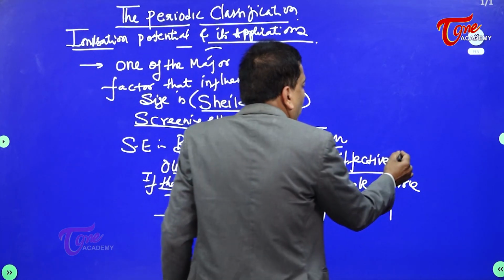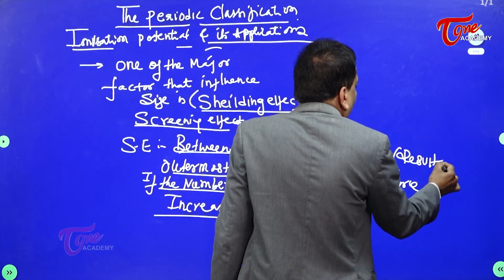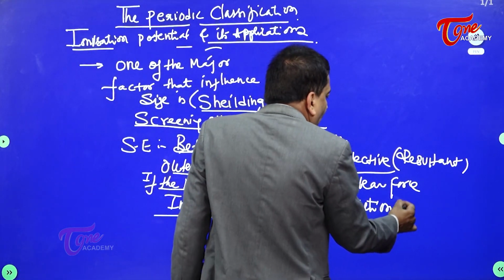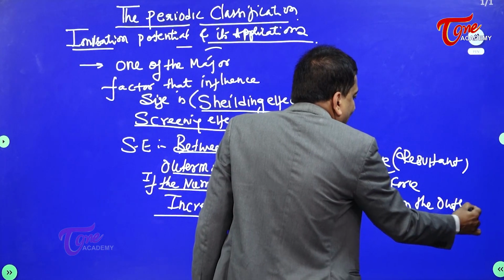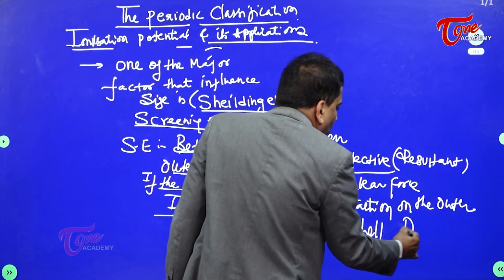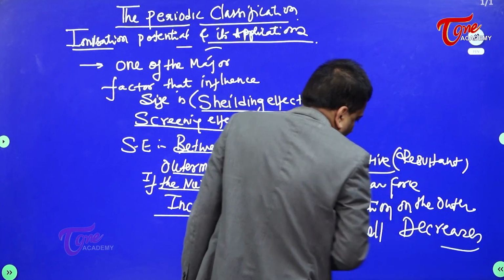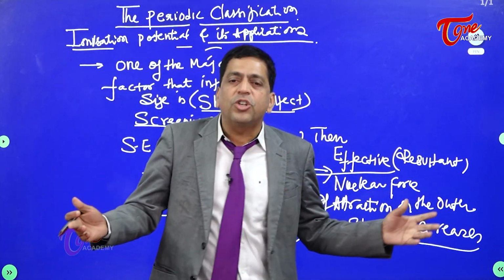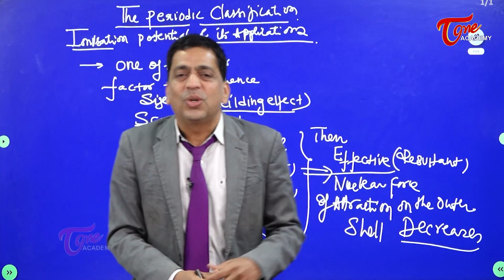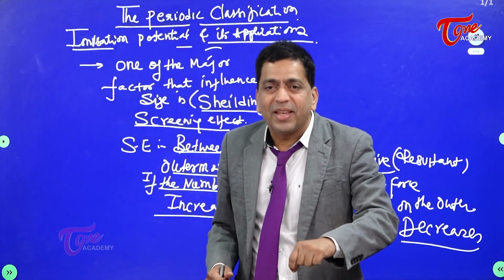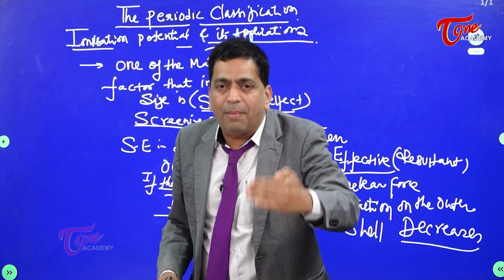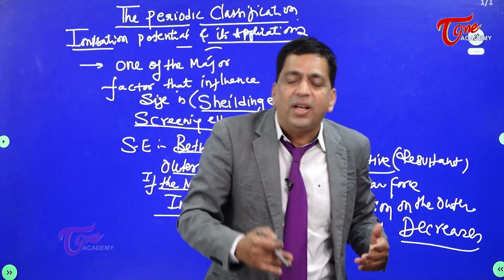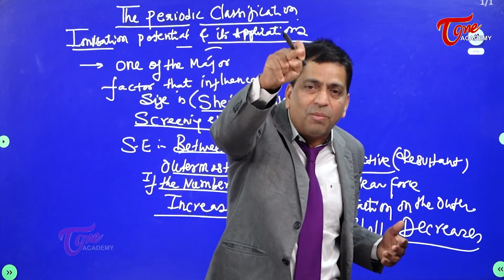Effective, I call this the resultant. The effective nuclear force of attraction on the outer shell decreases. So understand, between the nucleus and the outermost shell, if the number of shells or the number of electrons increases, then the resultant nuclear force of attraction that falls on the outermost shell decreases.